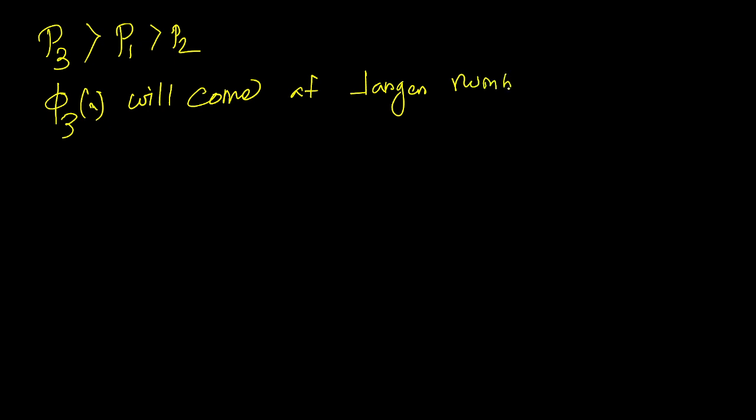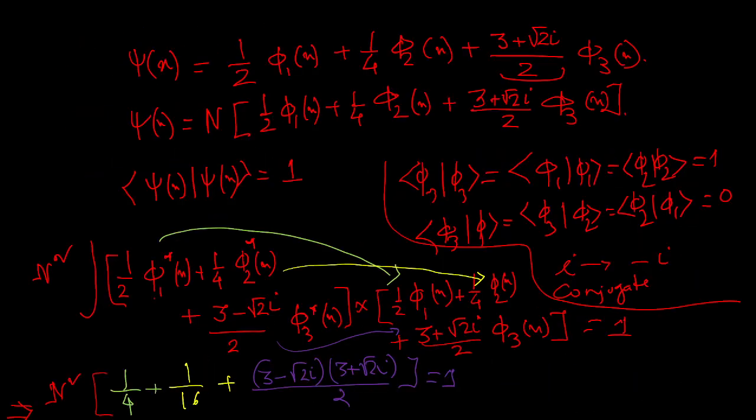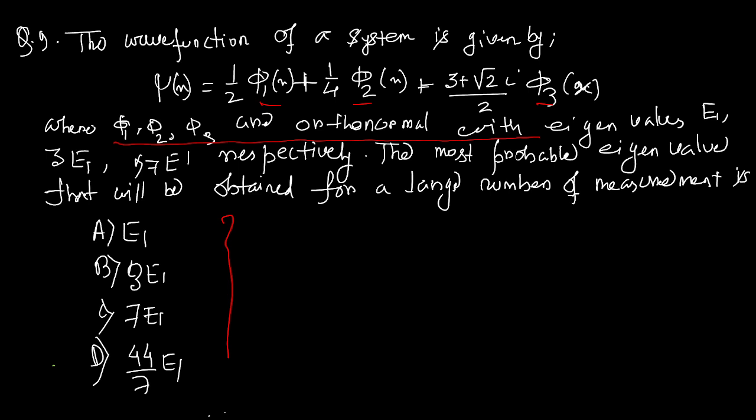So if you measure, then phi 3 will come a larger number of times. So the eigenvalue corresponding to phi 3, that is 7e1, will give you the maximum probability.